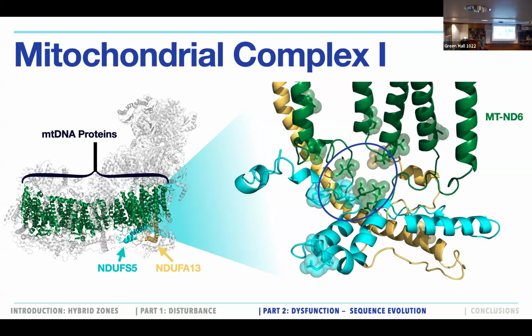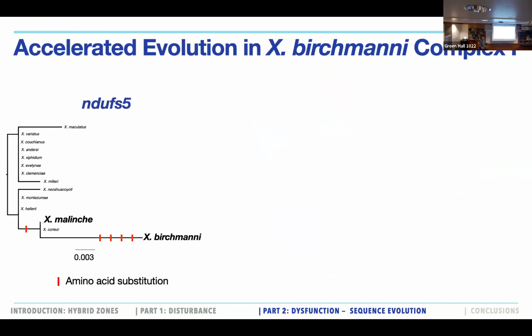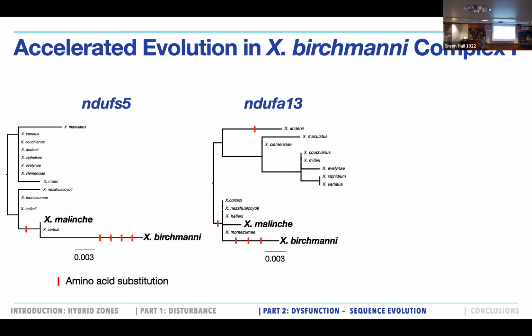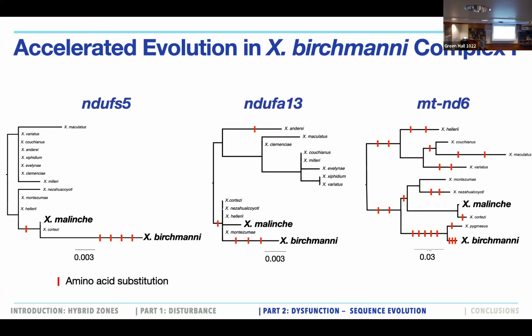But to make it more concrete, I used CodeML and did branch tests for accelerated evolution and found in particular that Xiphophorus birchmanni had a really outsized substitution rate within NDUFS5, within NDUFA13, and also within ND6, relative to the other Xiphophorus where we had sequences available for these genes.